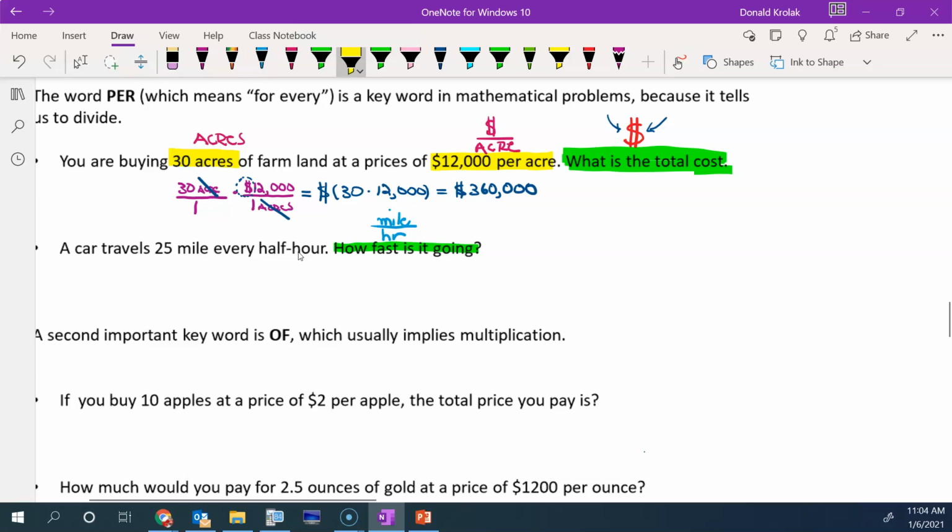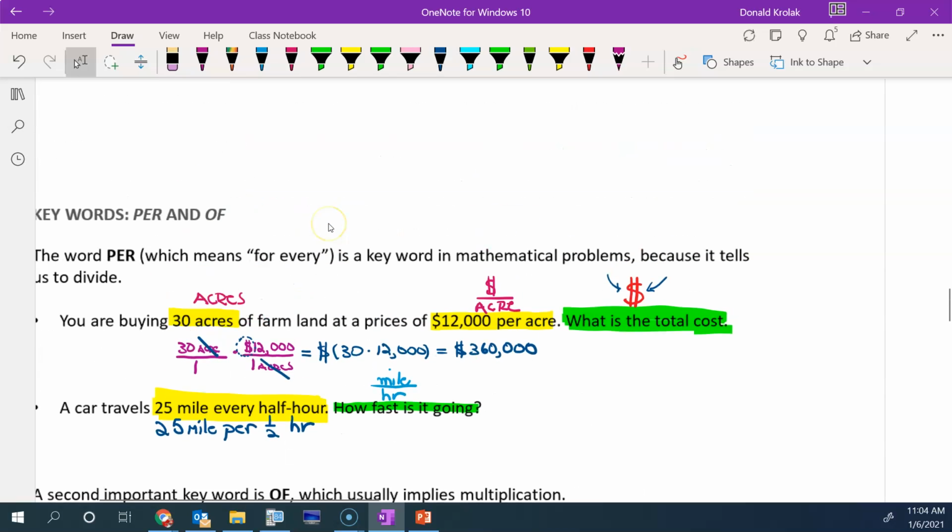Okay, so if I look at what I'm given, I've got 25 miles every half hour. Okay, so for every, I could write this same as this. For every is the same as saying 25 miles per 1/2 hour.